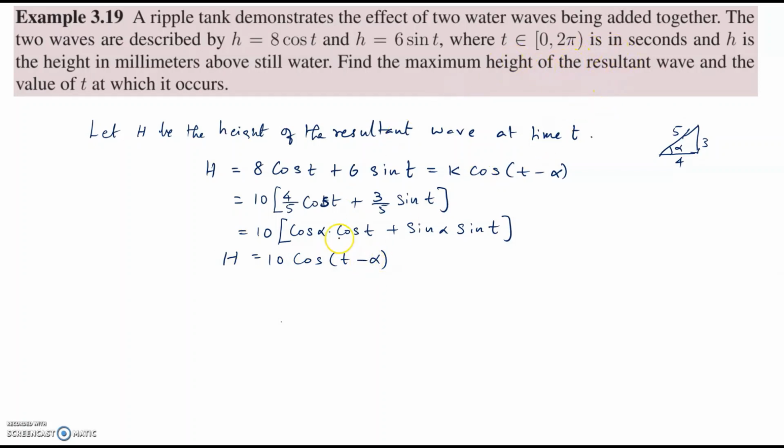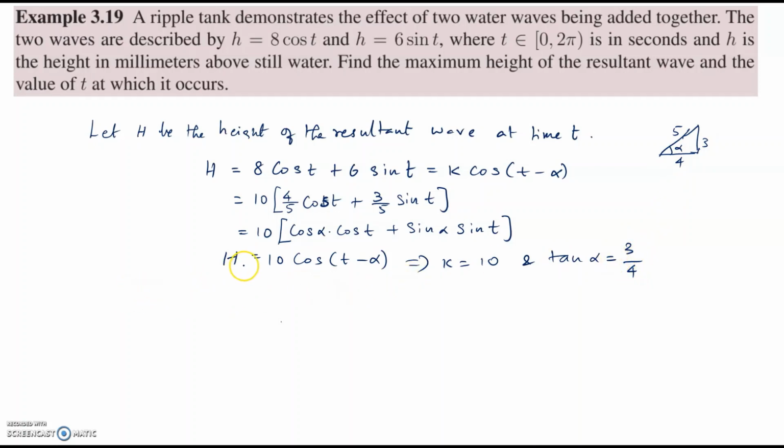So from this we can say k here is equal to 10, and our tan alpha will be equal to 3/4. From the right angle triangle we can clearly say that.